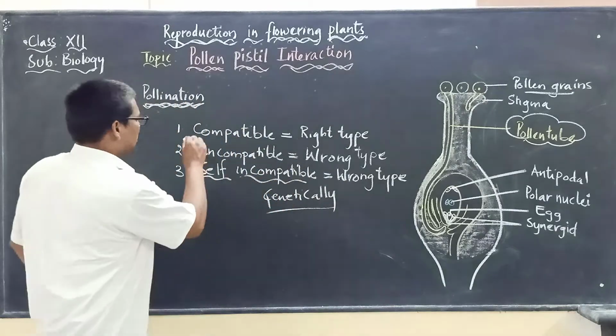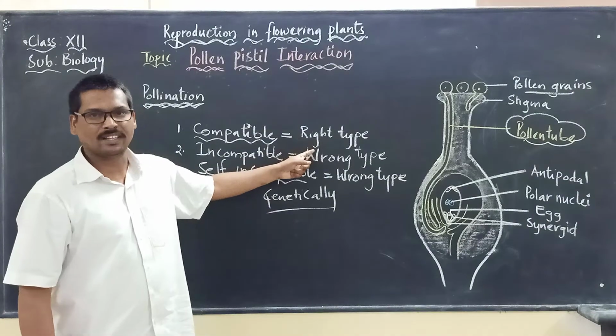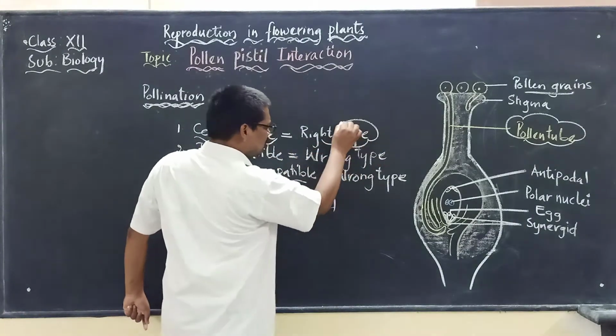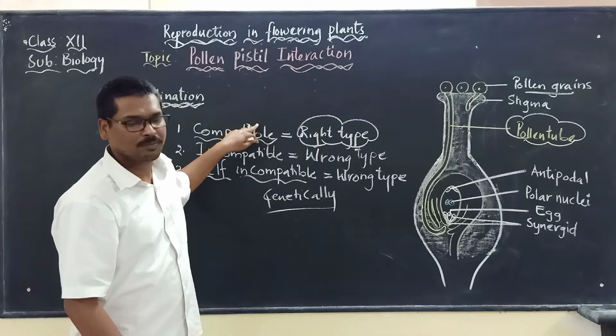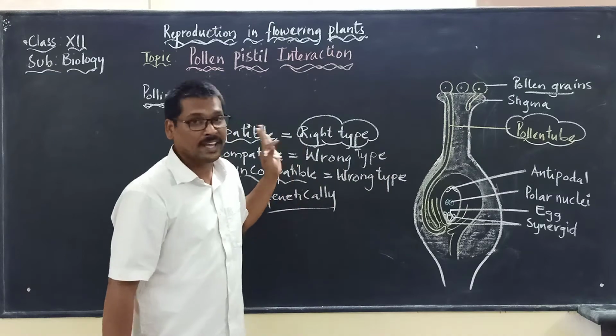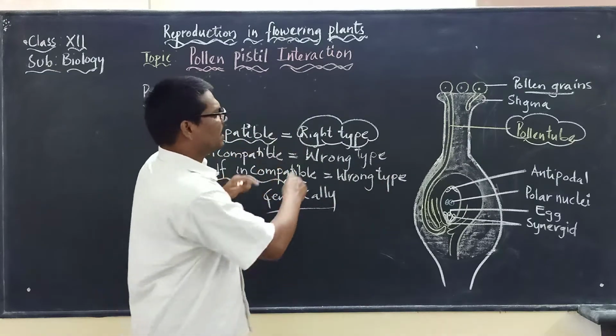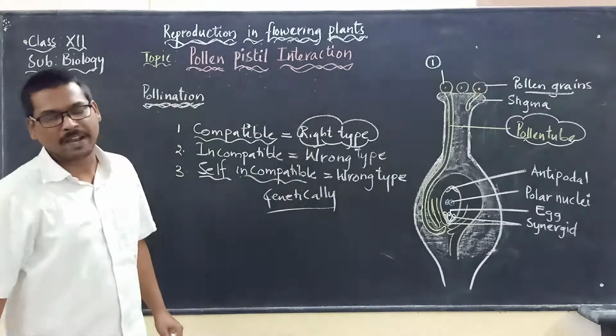The first one is compatible, the right type, whose pollen grains will be involved in fertilization, forming a pollen tube.